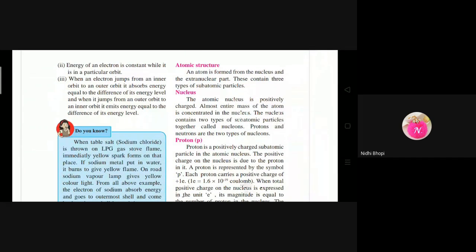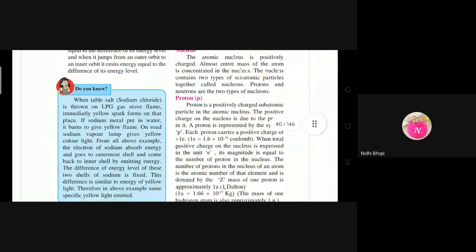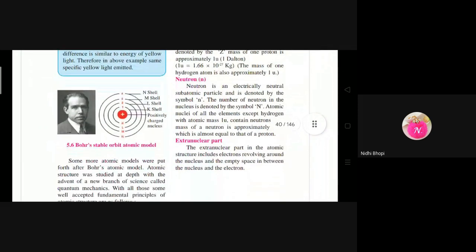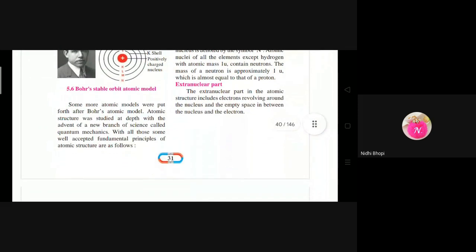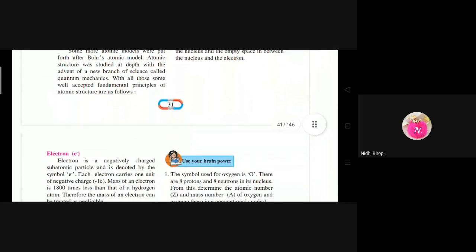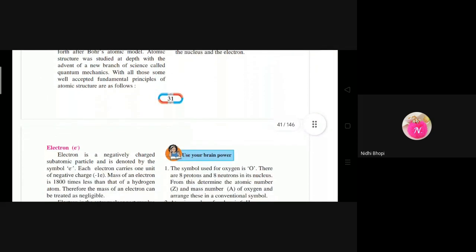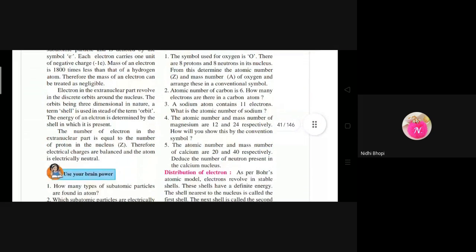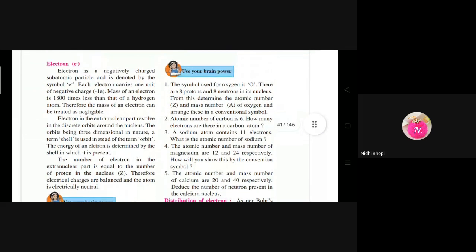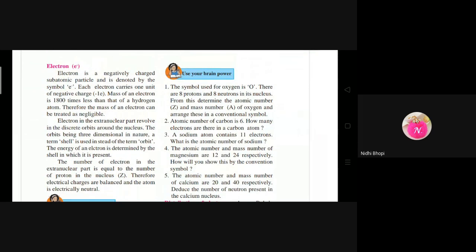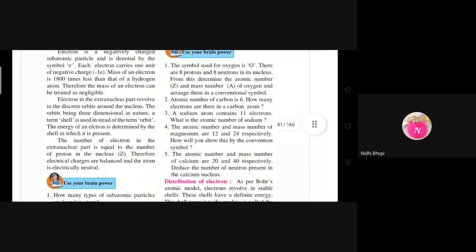Energy of an electron is constant while it is in a particular orbit. When an electron jumps from an inner orbit to an outer orbit, it absorbs energy equal to the difference of its energy levels, and when it jumps from an outer orbit to an inner orbit, it emits energy equal to the difference of its energy levels.